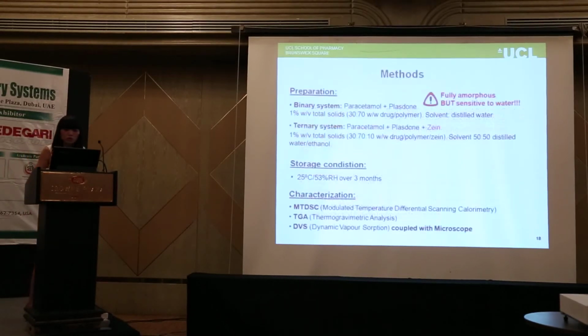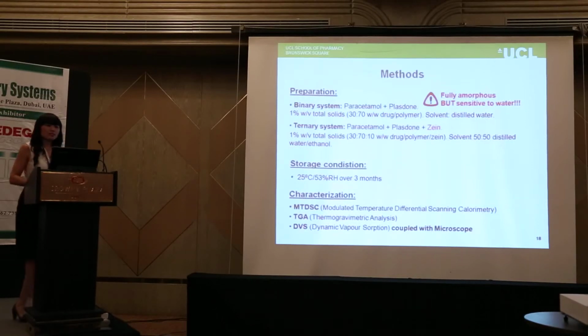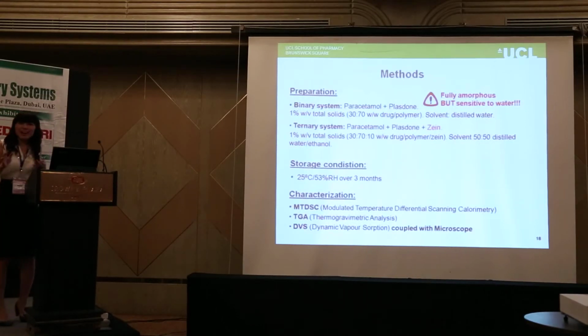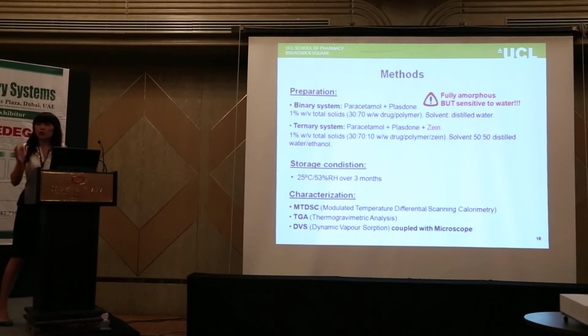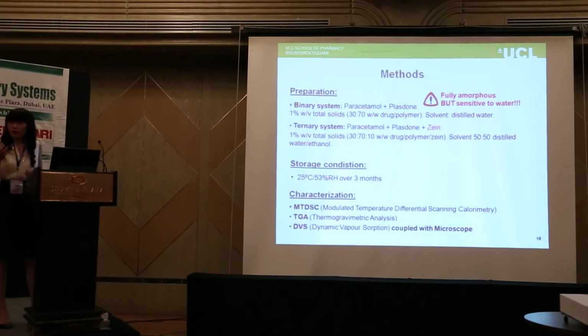So what we do, we choose a system which is very sensitive to water uptake, which is a paracetamol and co-PVP solid dispersion. Because paracetamol is slightly water soluble, when you produce the binary system using paracetamol and the polymer, the binary system absorbs water very, very easily.